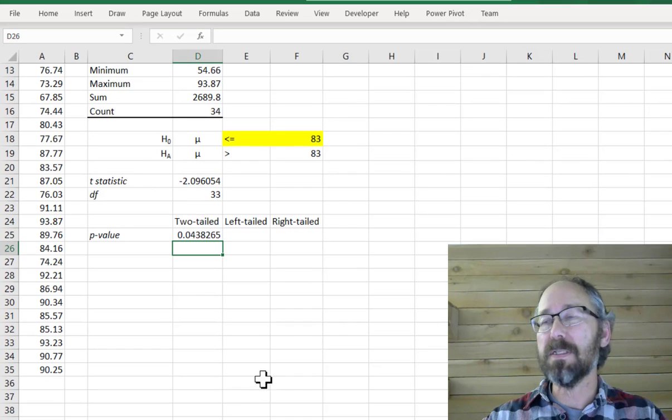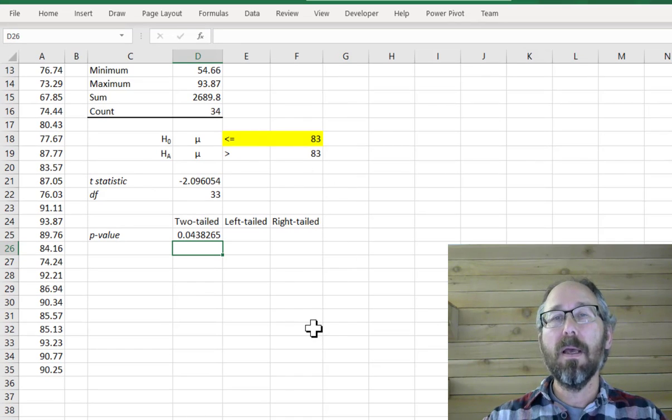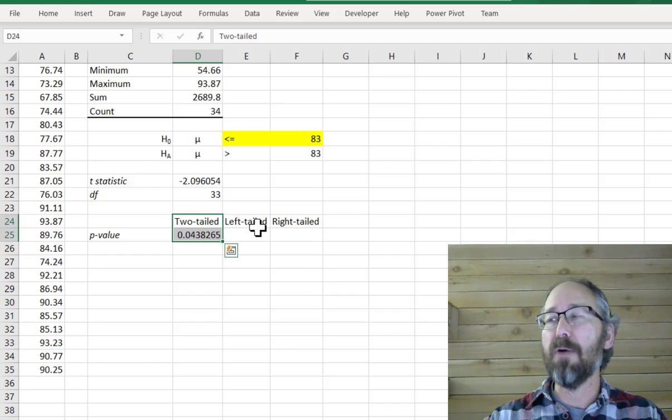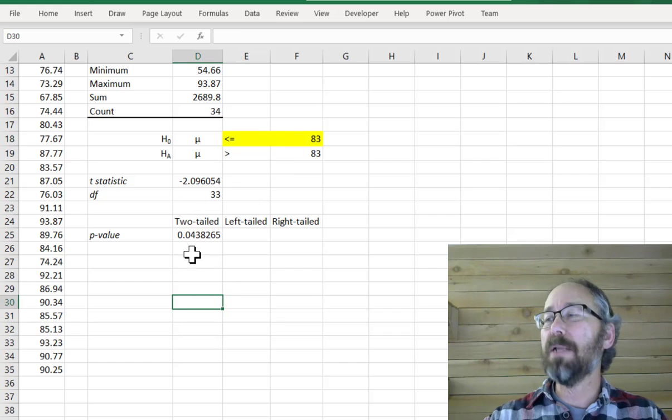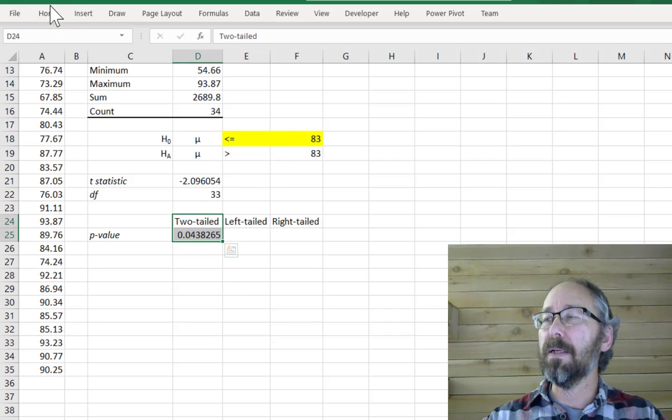Based on our hypotheses, the way they are currently written, we actually have it set up for a right-tailed test. So somehow we have to connect the output down here, two-tailed, left tail, right tail, to the symbols that we have here. The best way to do that is with conditional formatting.